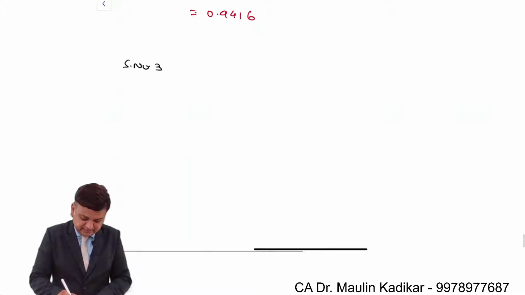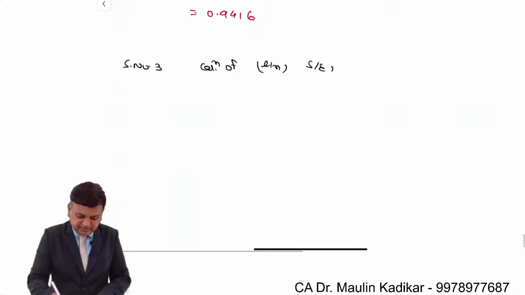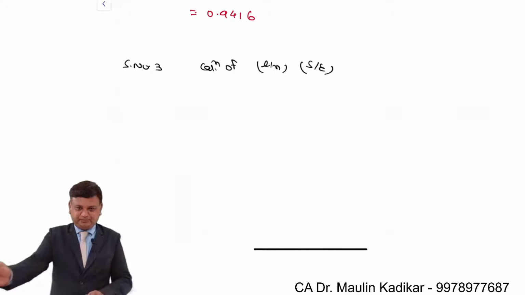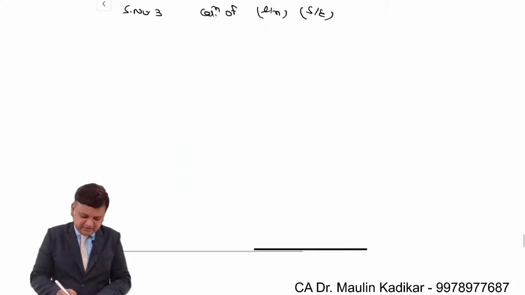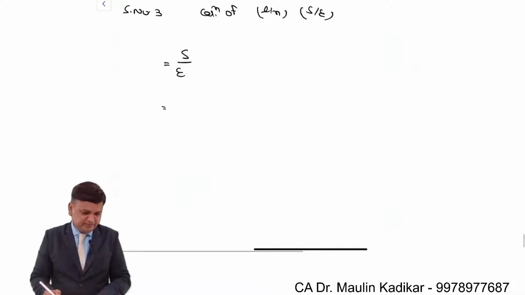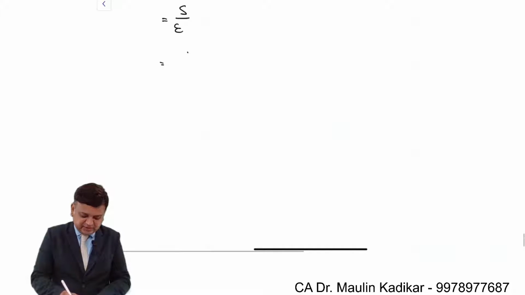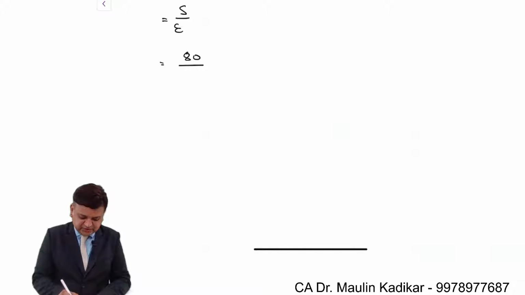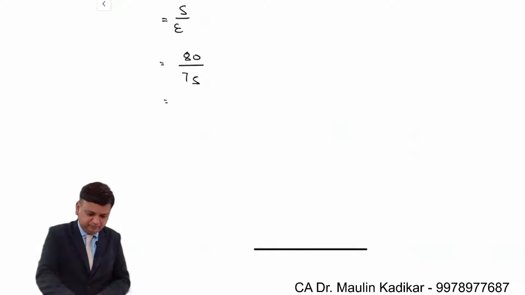Step number 3, calculation of natural logarithm S divided by E. I want you to tell me the answer. Now friends, we understand it is spot divided by exercise. What is the spot price of the equity share? 80. What is the exercise price of the option? 75.